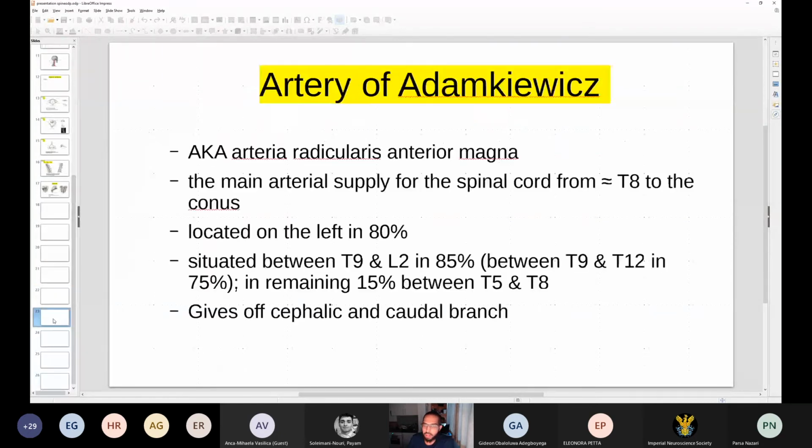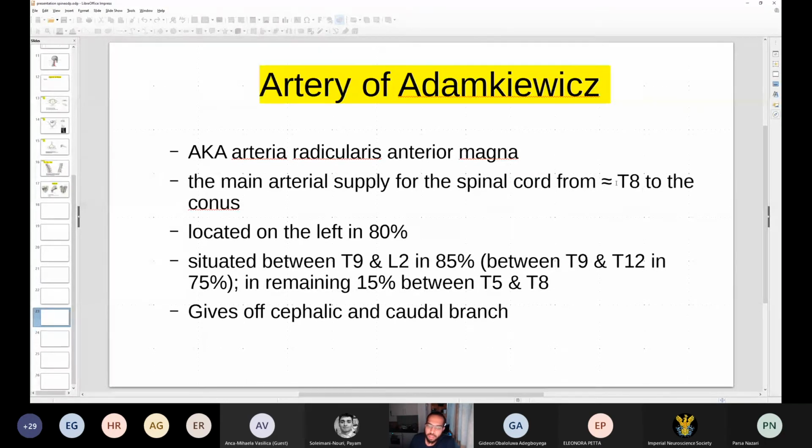The artery of Adamkiewicz is important because it's the main arterial supply to the spinal cord from T8 all the way down to the conus. So the anterior spinal artery really depends on the artery of Adamkiewicz starting at T8.